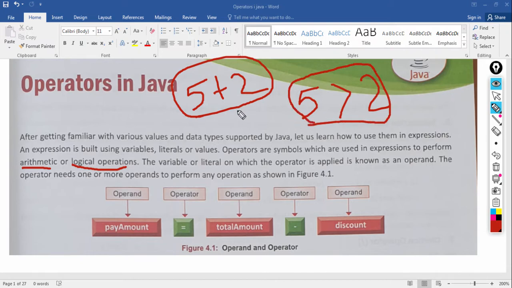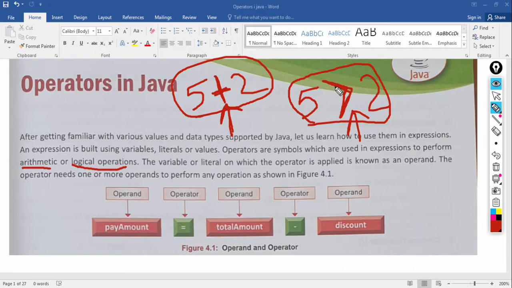Now both these examples show you different kinds of expressions. This is an arithmetic expression and this one is a relational expression. This is arithmetic because we have used the plus symbol here, and the plus denotes an arithmetic operation, whereas this greater than symbol denotes a logical expression or operation.